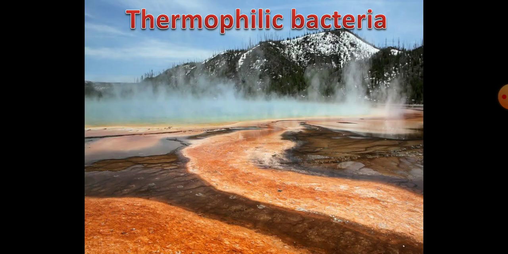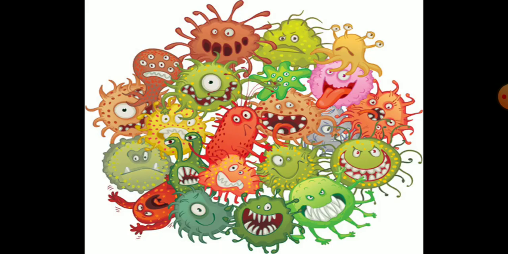The bacteria that are found in such conditions are called thermophilic bacteria. They can even survive in conditions where food and water are practically non-existent. They remain dormant under such conditions and become active whenever favorable conditions are available again.